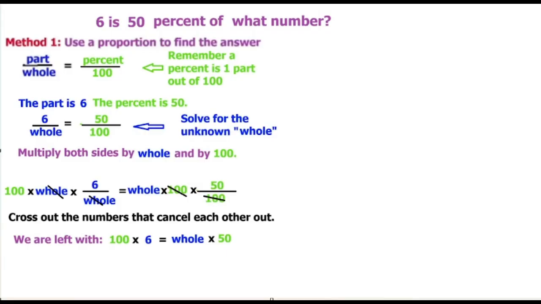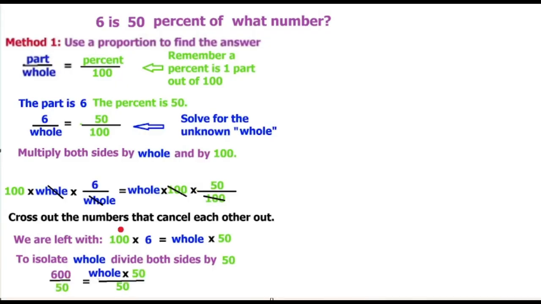So now this looks easier to work with, right? Now to isolate whole even further, we can divide both sides by 50. So we want to get rid of this so that we're just left with whole by itself. So that'll look like this. 100 times 6 is 600, and we're dividing both sides by 50.